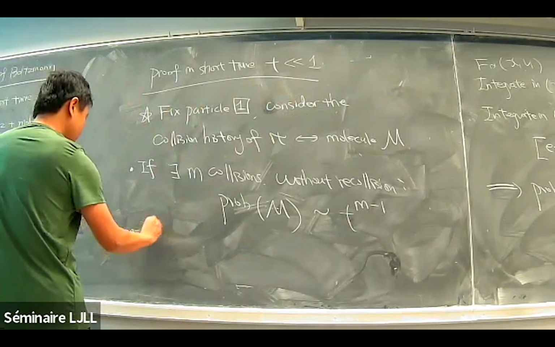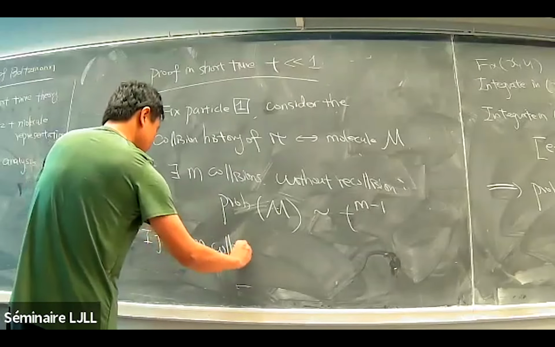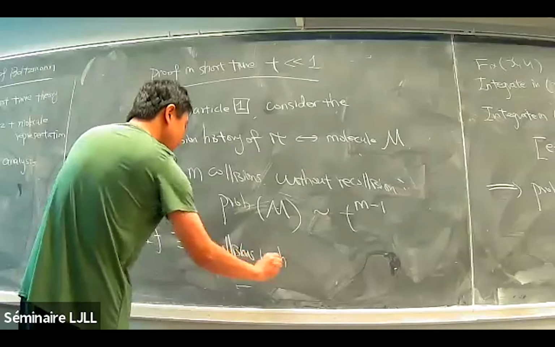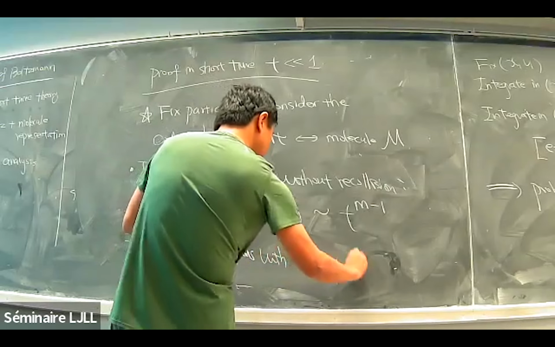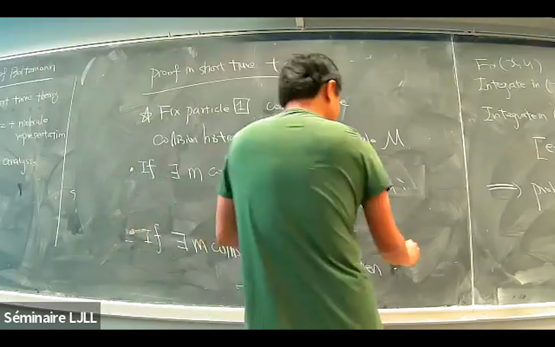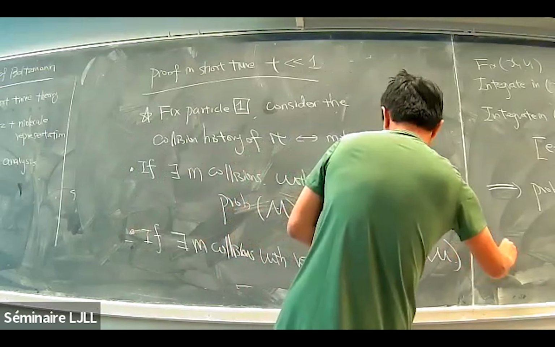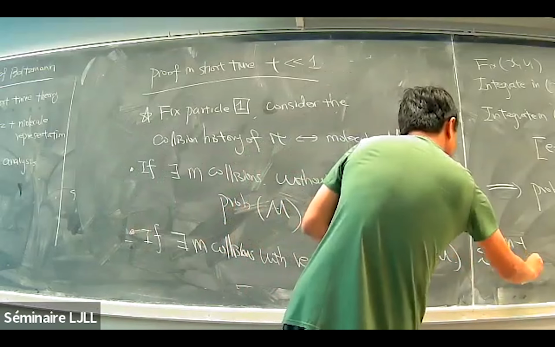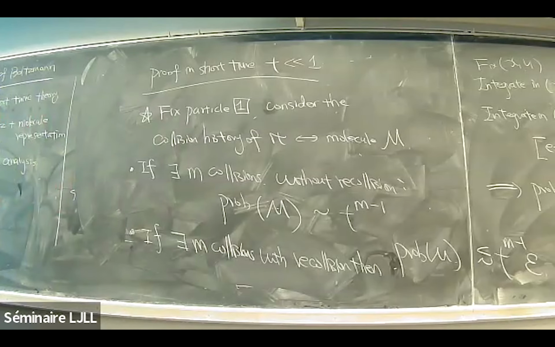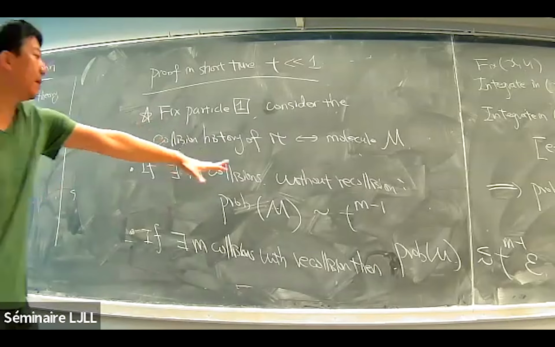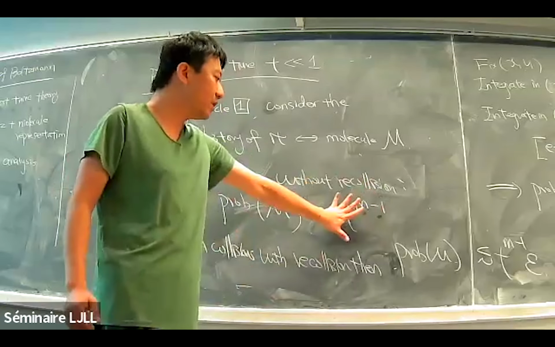Now, if there exist M collisions with recollision, then the probability is only less than Q to M minus 1 times epsilon. And that's it. When you sum up in the order M, since T is much less than 1, this sum is going to be convergent.